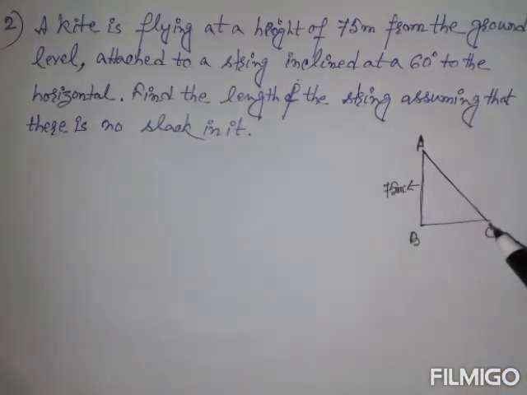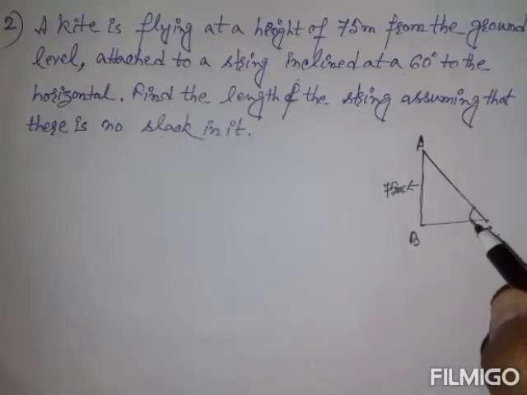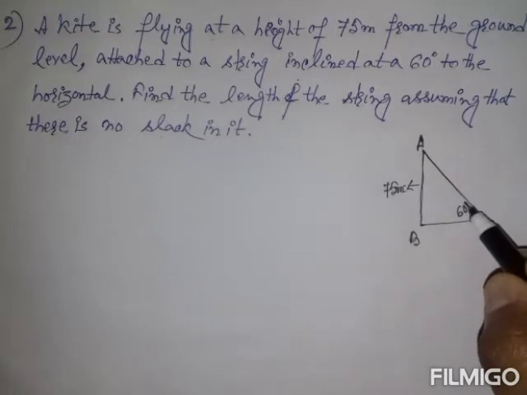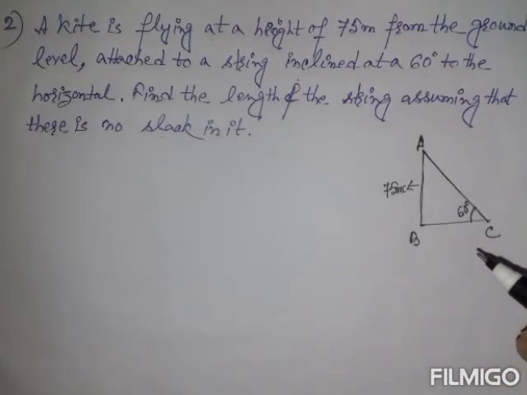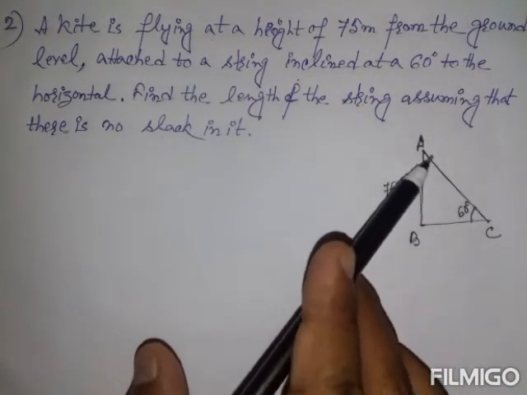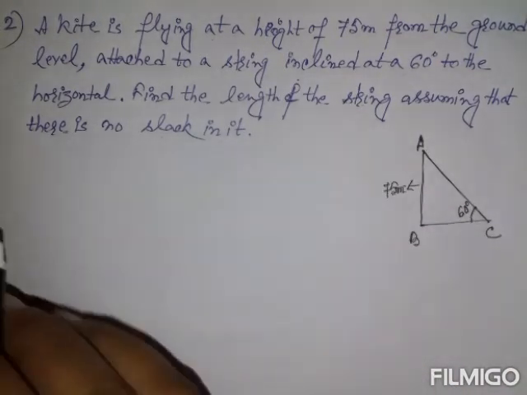Attached to a string inclined at a 60 degree to the horizontal. So from C someone observes the kite. Okay. ACB is equal to 60 degree. Now we have to find the length of the string, means AC.